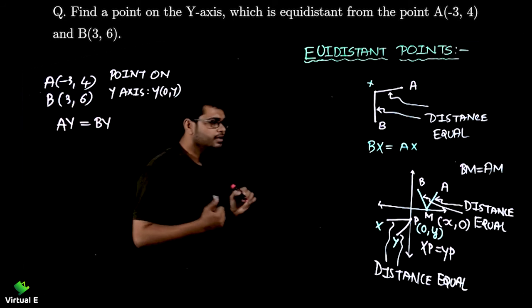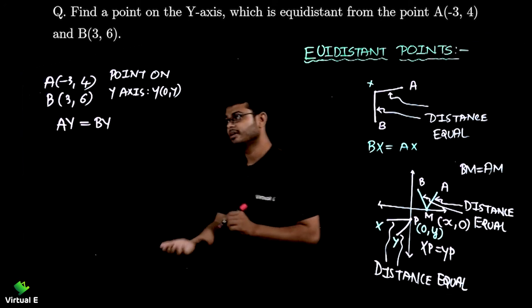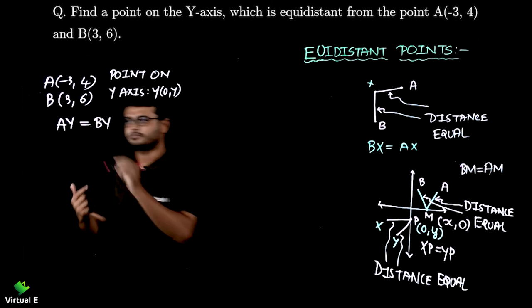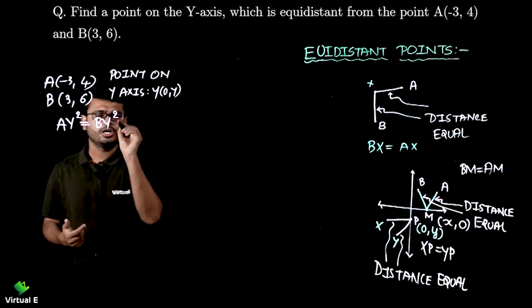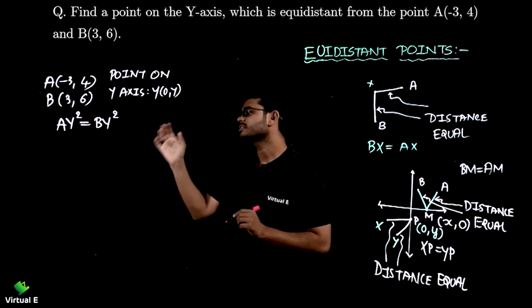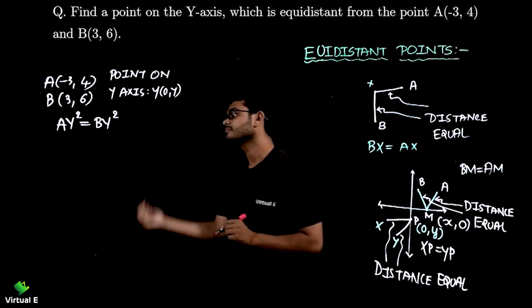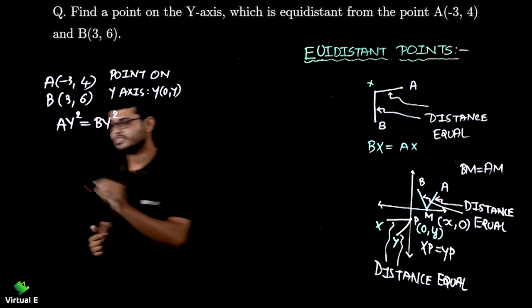Now, I told you one step to make simplification easier. Yes, I am going to square both sides. Now I am going to calculate the separate distance for both of them. Let's do it. AY square first of all.